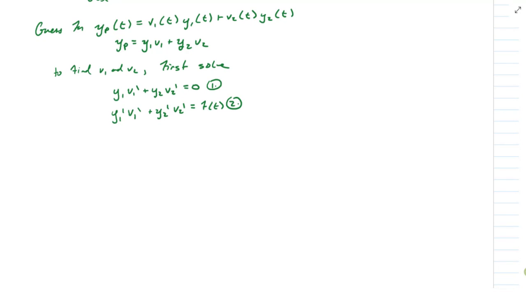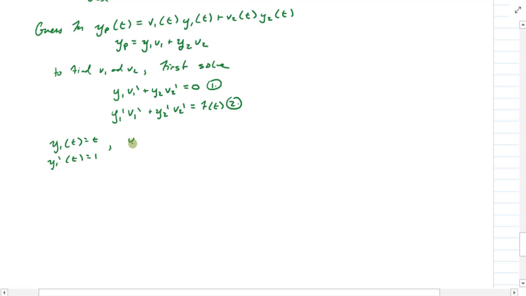So in our case, y1 is t, and so y1 prime of t is just 1. And y2 of t is t squared, and so y2 prime of t is just 2t. And so I can go ahead and find v1 prime and v2 prime by Cramer's rule.